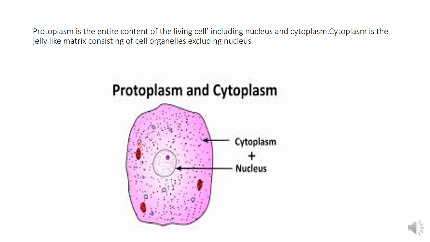So this area is cytoplasm, and the entire area within the cell membrane, we call it as protoplasm. This entire area is protoplasm, and from here to here we call it as cytoplasm.